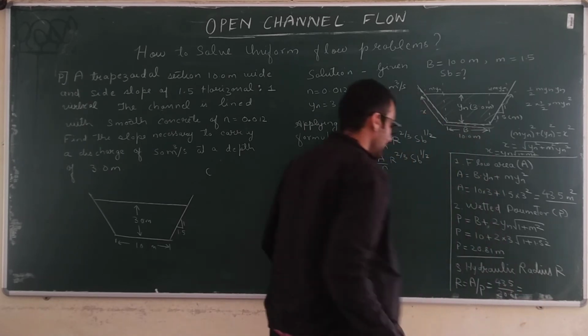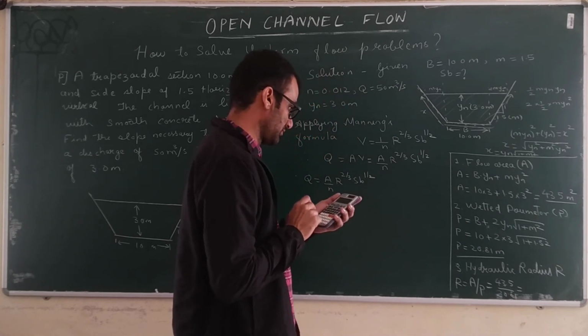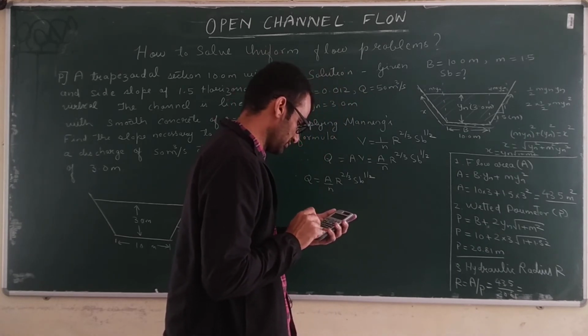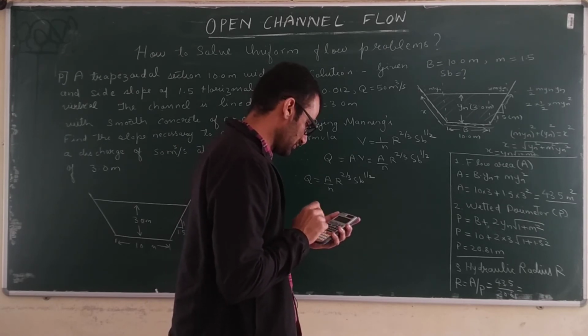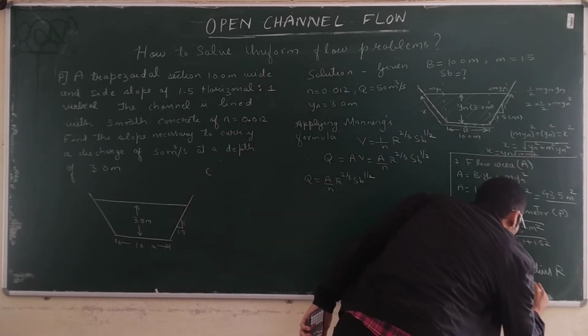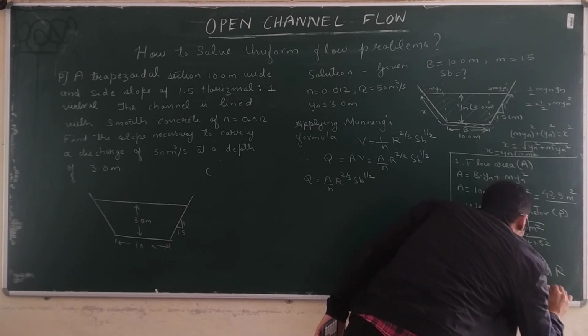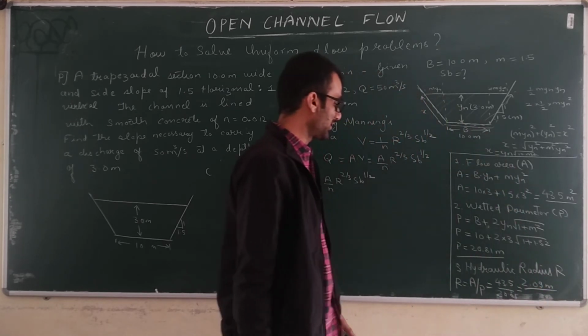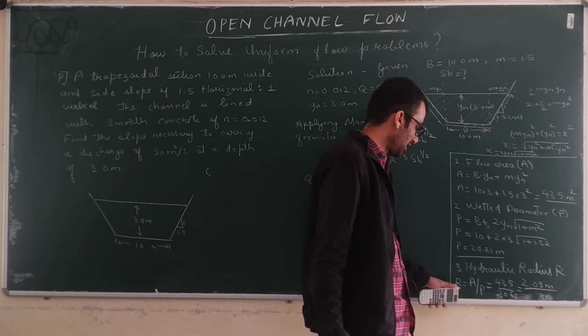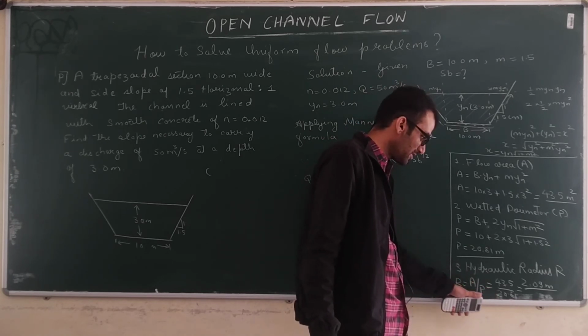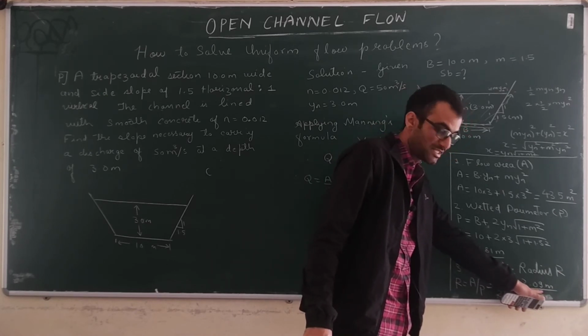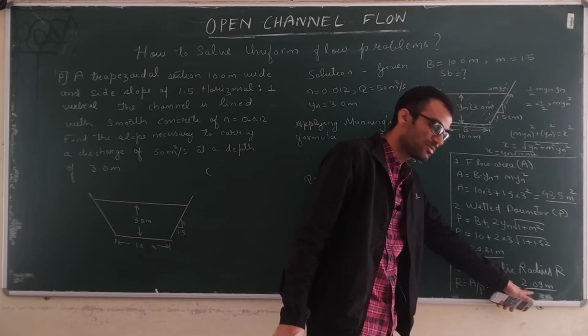So we are going to get 2.09, and the unit will be meters. Remember, the hydraulic radius is the ratio of area to perimeter, so meter square divided by meter, the unit will be meters. Okay, hydraulic radius 2.09 meters.